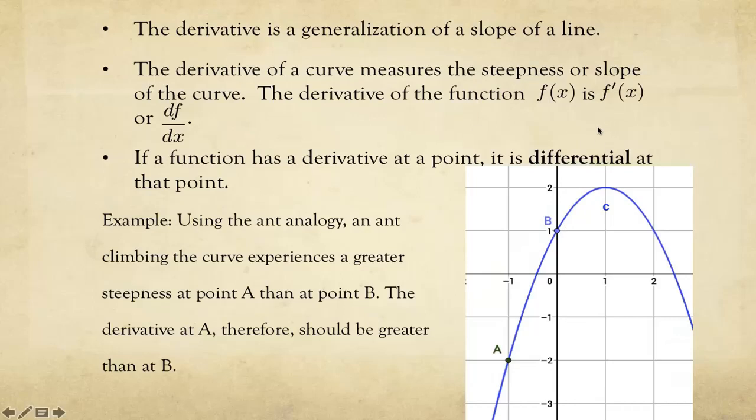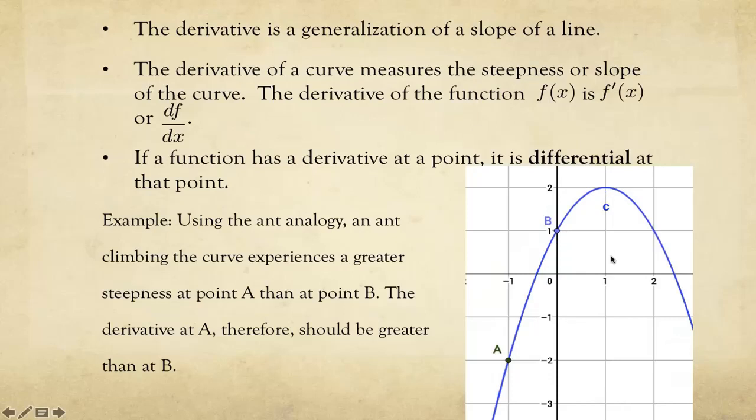So for example, if the ant is at position A, then you can see that it's actually harder for the ant to move up the curve than it is once it gets to position B. In fact, the closer it is to the top of the hill, the easier it is to climb up the hill. And so it's easy to see that the slope or the derivative at A should be bigger than the derivative at B. In fact, the derivative at C should be 0.